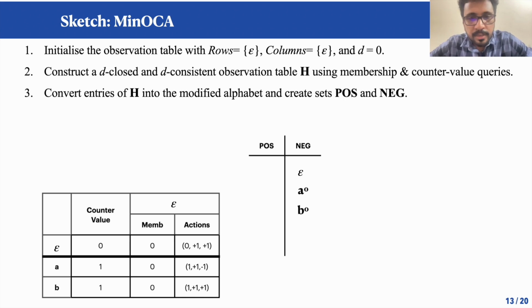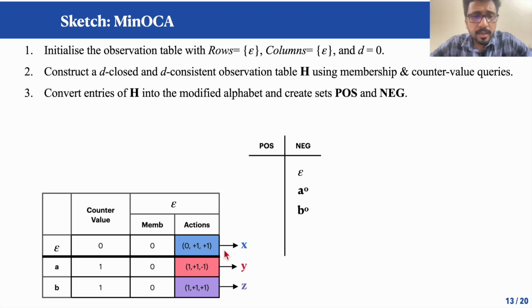However, this information is not sufficient for us to get a characteristic DFA. You will also have to encode the counter actions in the pos and neg. So let's just say I call this first entry X, the counter action of A, Y, and the counter action of B, this tuple Z. Okay. I will also encode this information and add words to pos and neg.